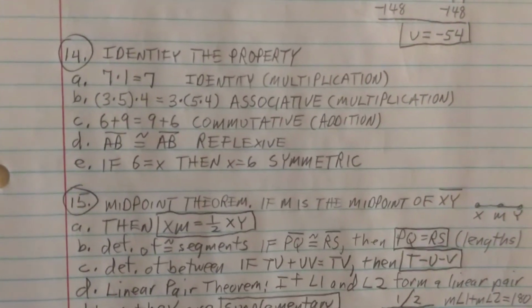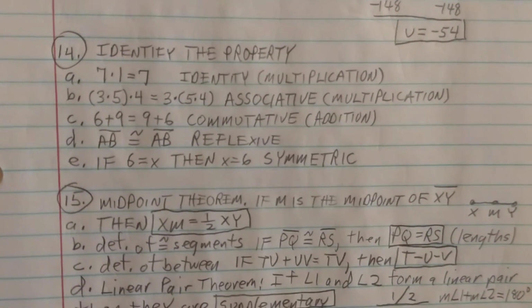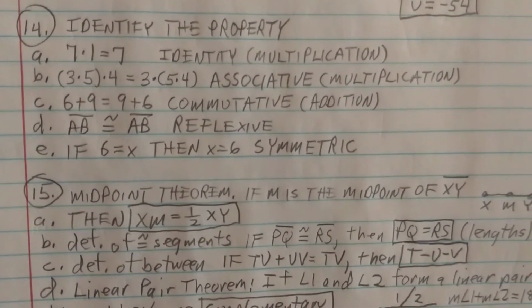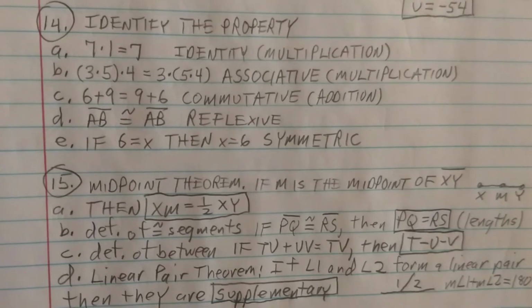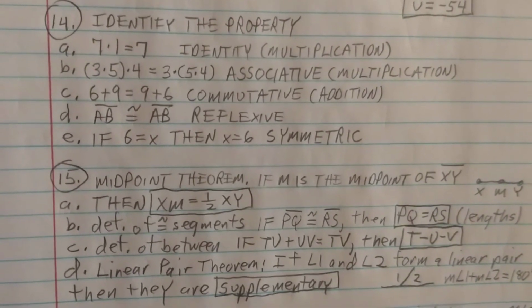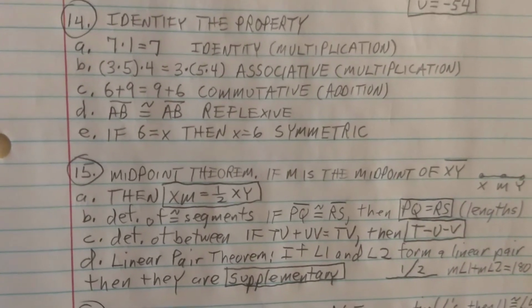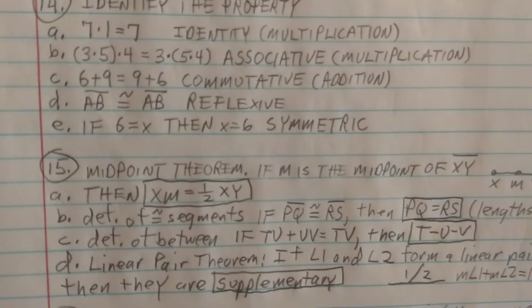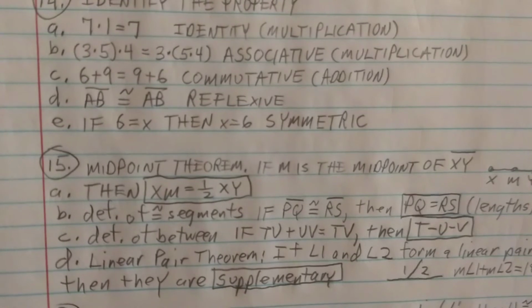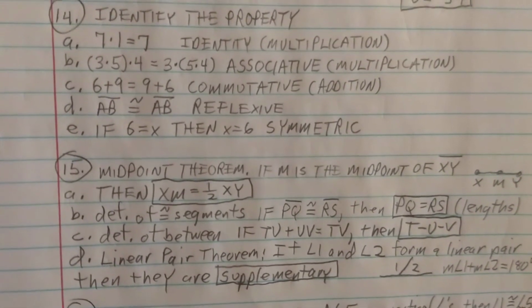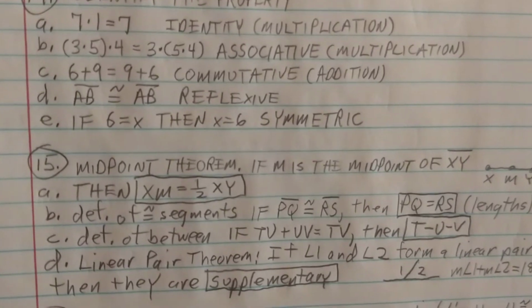Now in 14, we're to identify the property. So 7 times 1 equals 7 is the identity property for multiplication. Parentheses 3 times 5 times 4 equals 3 times parentheses 5 times 4 is the associative for 3 terms for multiplication. 6 plus 9 equals 9 plus 6 is commutative for addition.